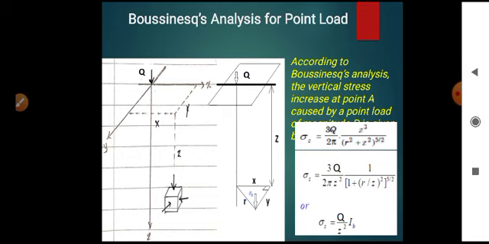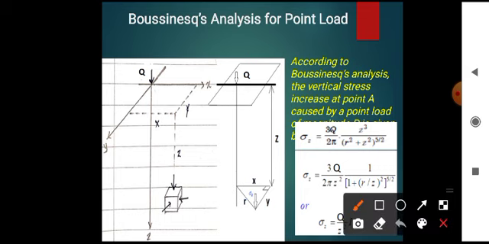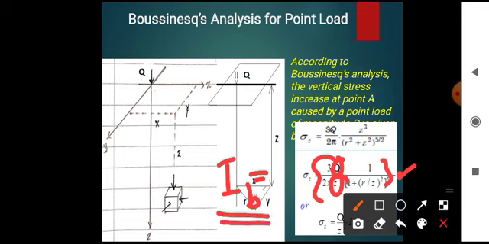If you take out Q as well as z square from the equation, whatever remaining terms are there in this particular equation form, that is the value of Ib. Ib is the Boussinesq influence factor. You can work out and identify the Boussinesq influence factor by comparing the second and third equations shown in this slide.